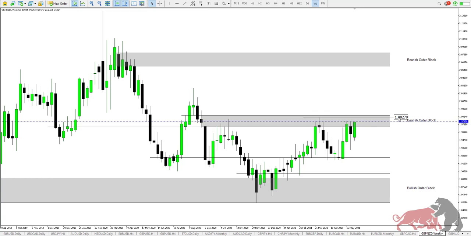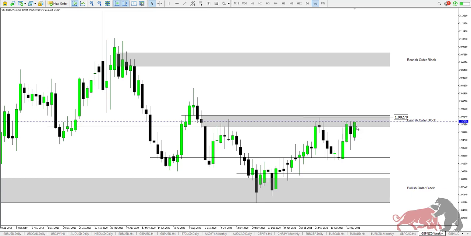Now we've got buy stops above 1.98270, right? Those buy stops, they are going to be taken out sometime in the coming week, and once that happens, now you are in a premium range where you should be hunting for short trades, right?